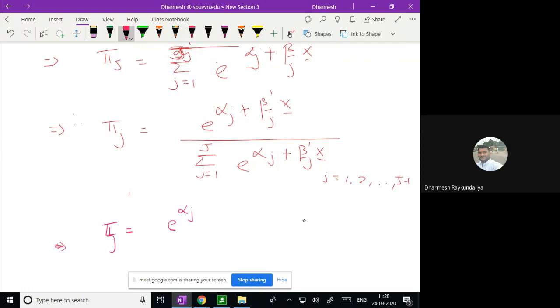Capital pi J is equal to what I have obtained. If I set alpha J equal to 0 and beta capital J equal to 0, what will I get?